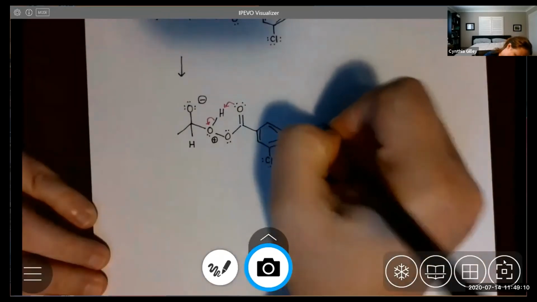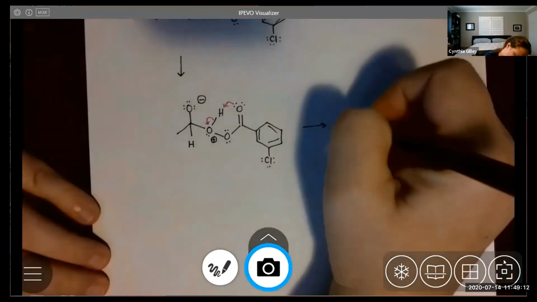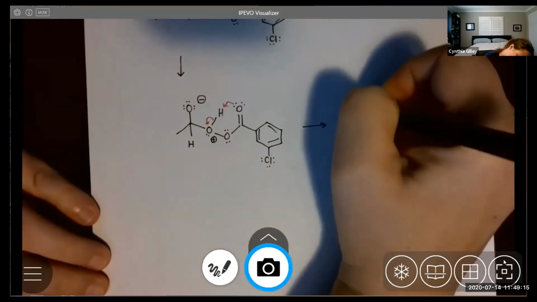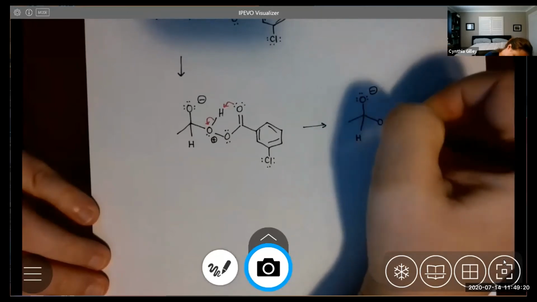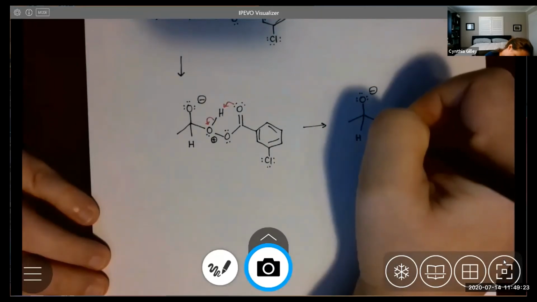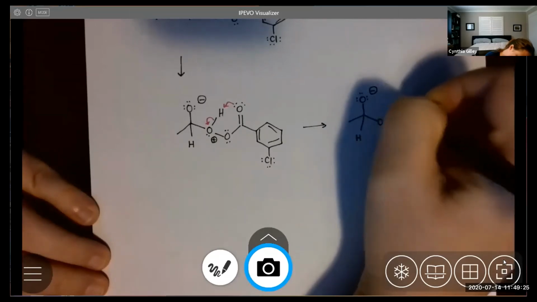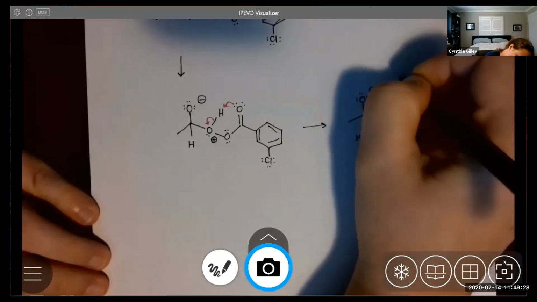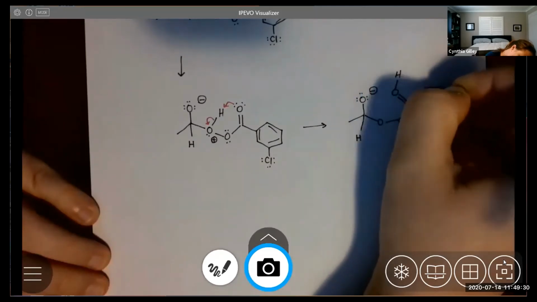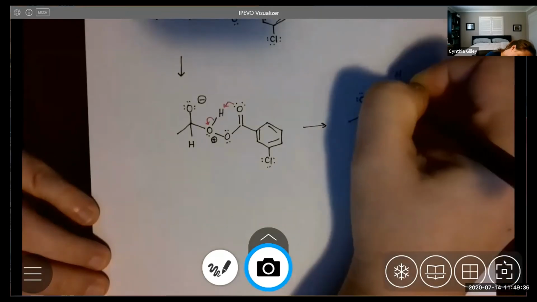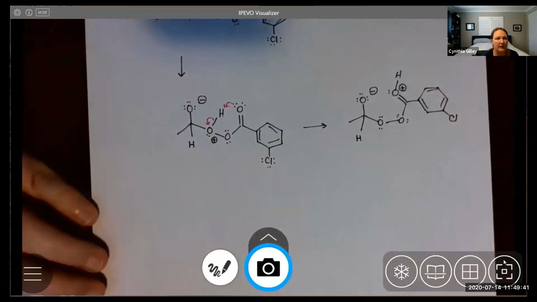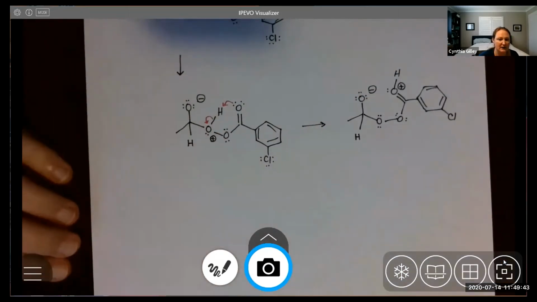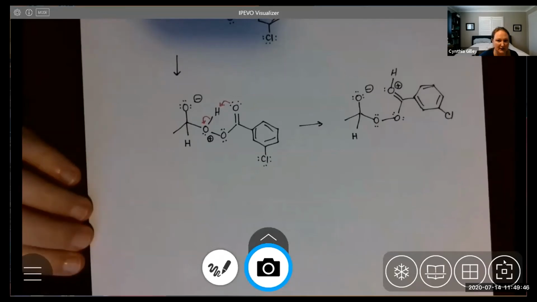So we'll go ahead and do that proton transfer. Okay, now we're here. So we've done the nucleophilic attack and the proton transfer.